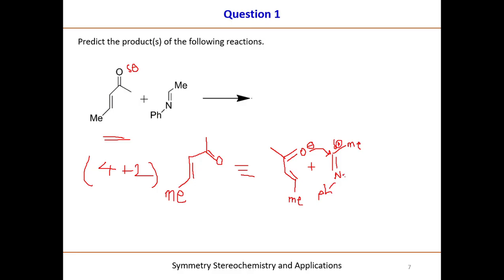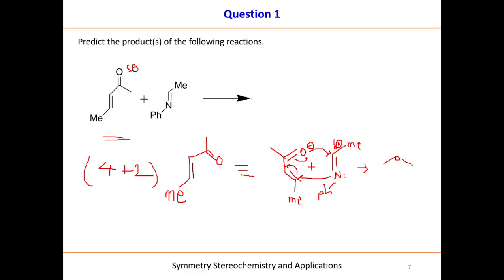And this bond breaking will take place, and nitrogen will attack on this carbon atom, and this bond will go this way and this way. Okay. So finally you will get the product.